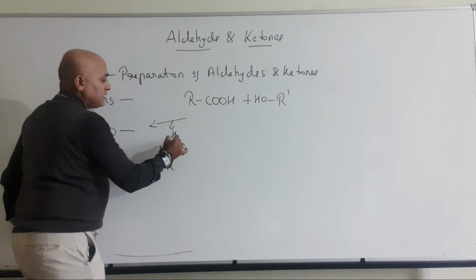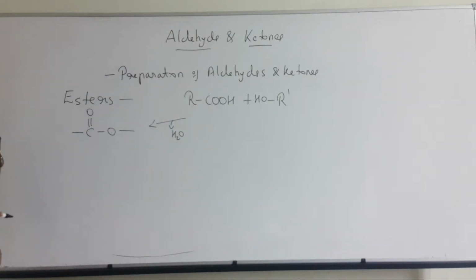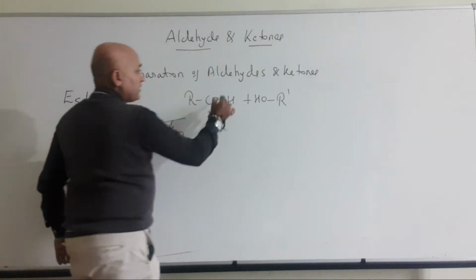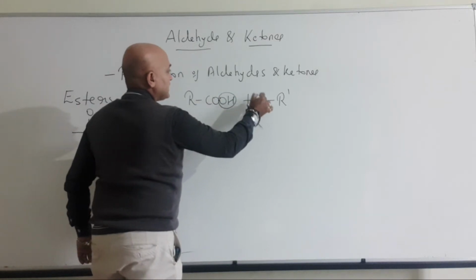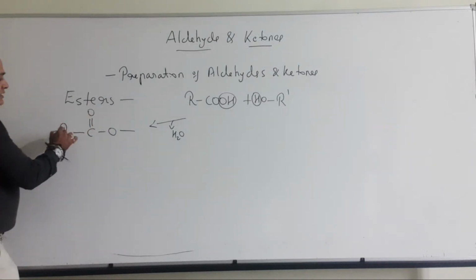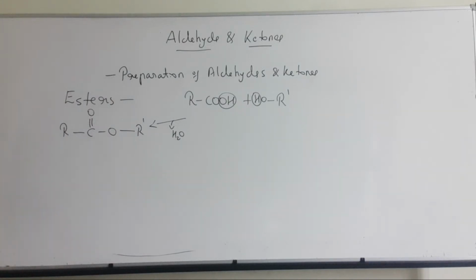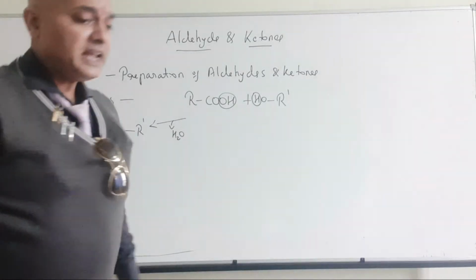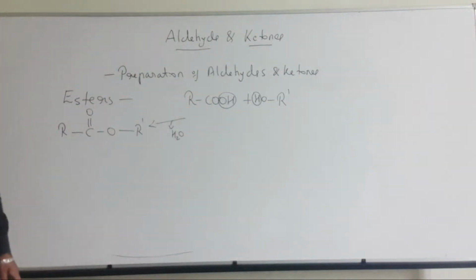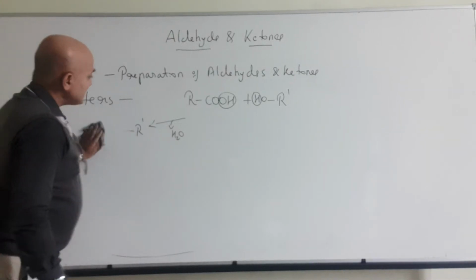That's where there will be liberation of water. OH and H, so water has been removed. What is left over? R, CO and R prime O. So that's where we have the esters. When I am talking about preparation of esters, we prepare the esters by using alcohol and carboxylic acid.